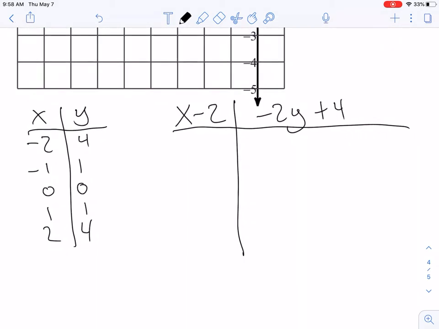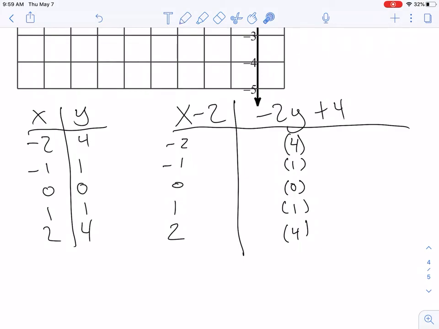Okay, and here we go. Same thing. Negative 2, negative 1, 0, 1, and 2, 4. I put this one in parentheses because I know that it's multiplying. I could put the x values in parentheses as well, but that one's just adding, so it's not really necessary.